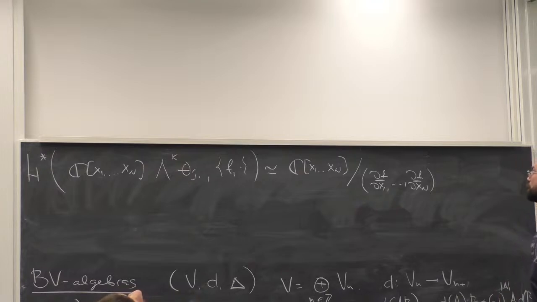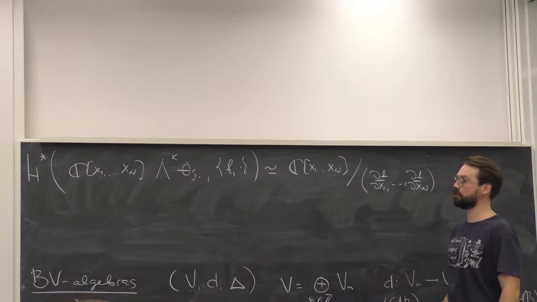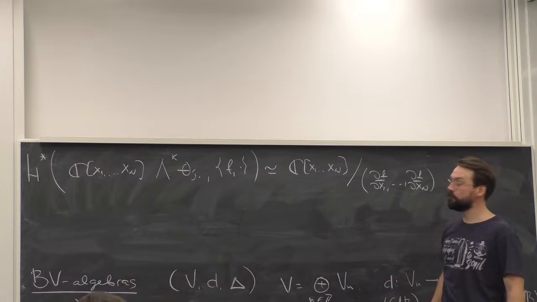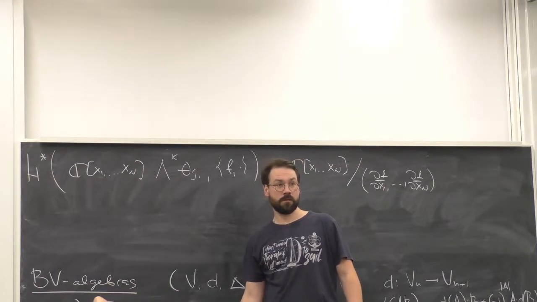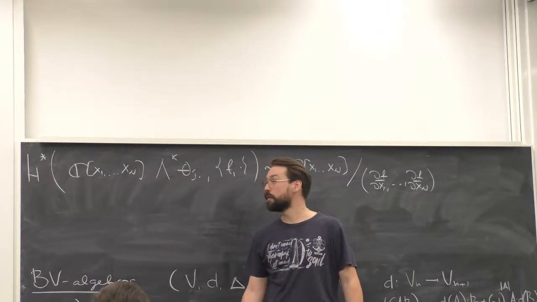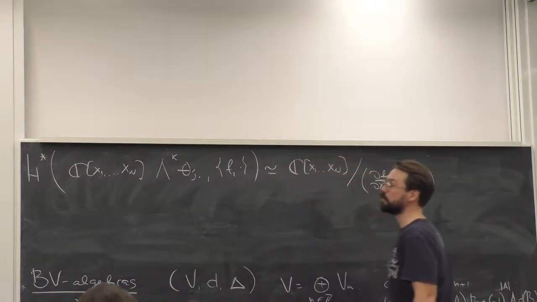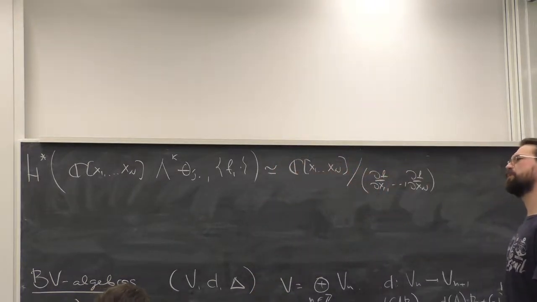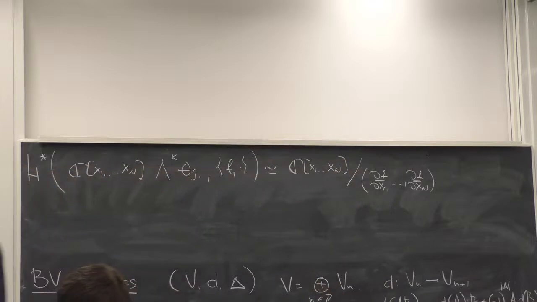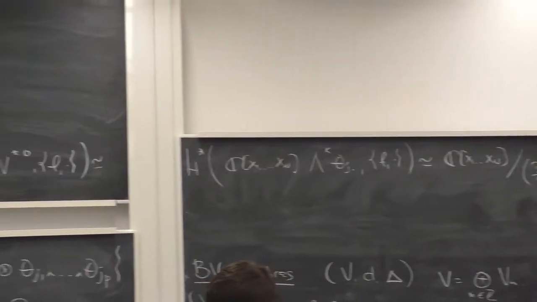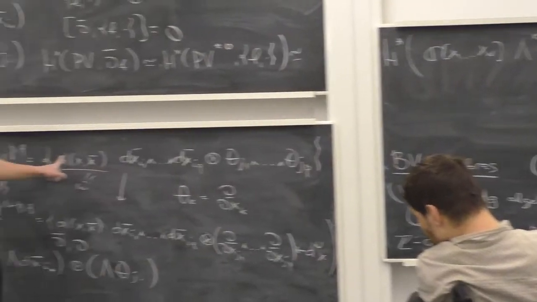Because the right-hand side agrees with A, not with CD. The algebra A, which as a vector space is isomorphic to DB, but with different multiplications, right?